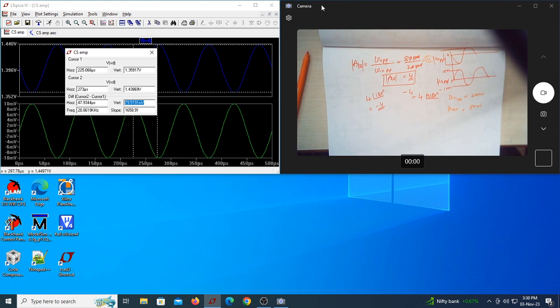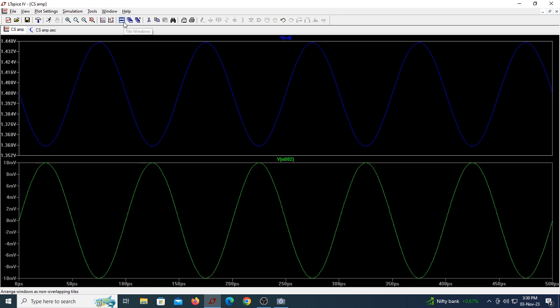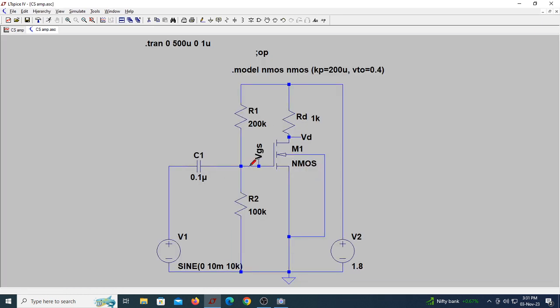So what we are trying to demonstrate here is we are able to realize a CS amplifier using a potential divider biasing. So this potential of 1.8 is divided in such a way to achieve the desired VGS of 0.6.